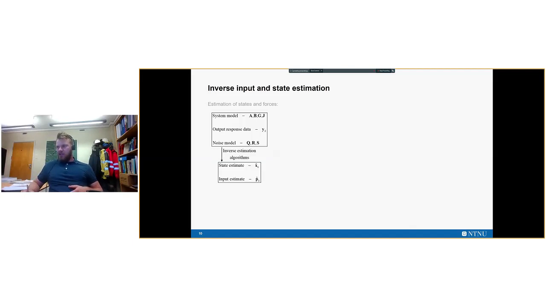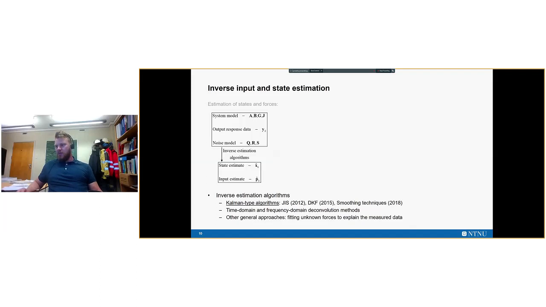And today I don't think we should go into the mathematical formulations of these underlying algorithms, but feeding this model and data into the inverse algorithms gives us a state estimate x as well as an input estimate p.